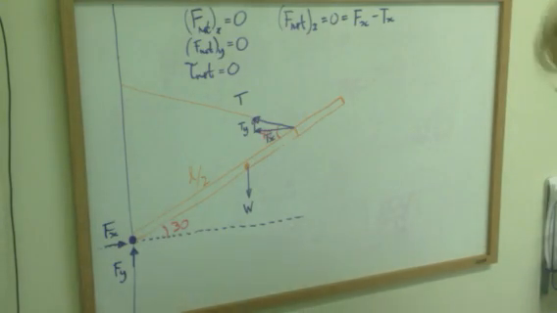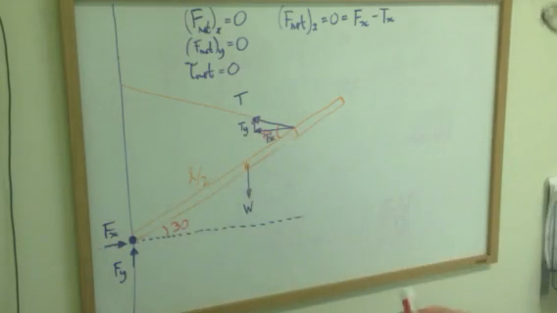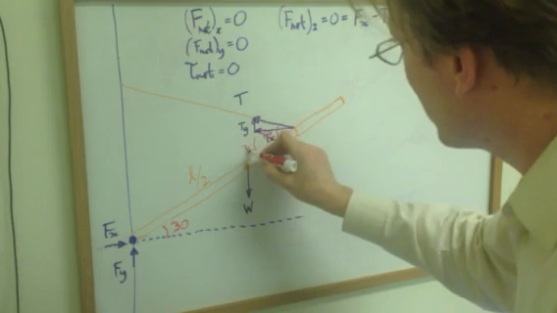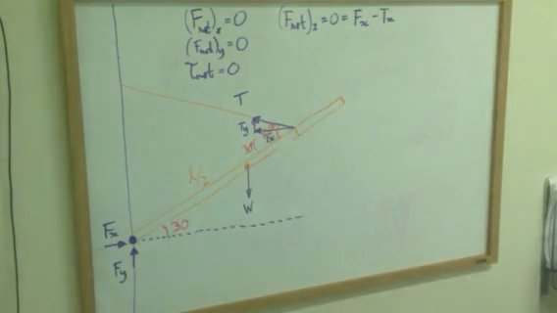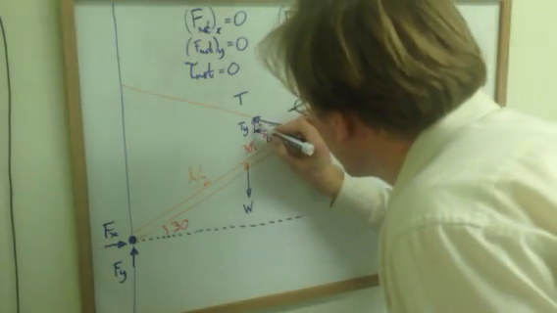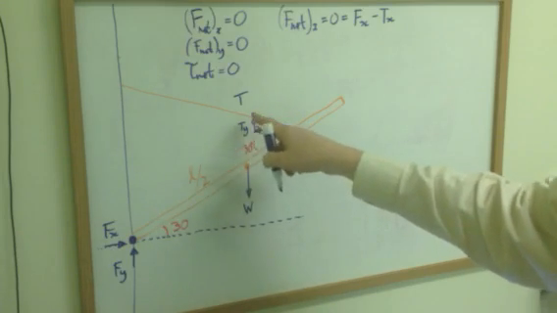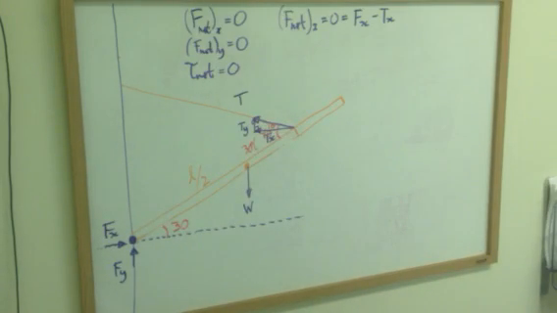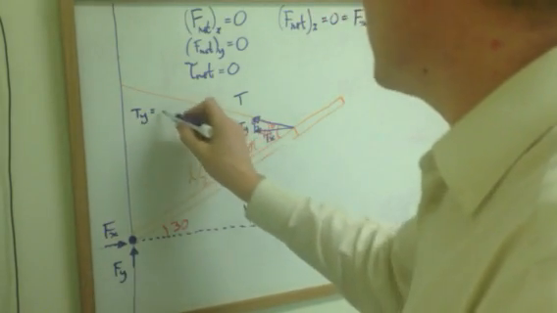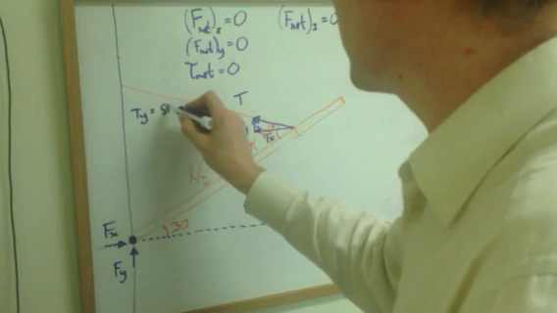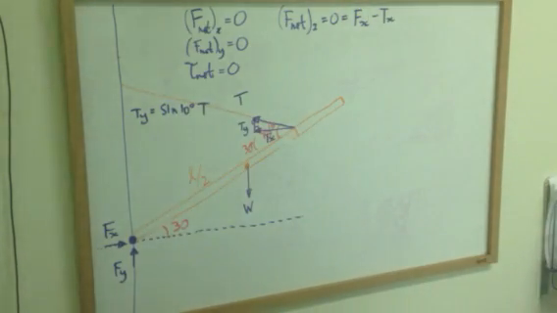Now it's starting to get messy, but if that's 30 degrees and these are opposite interior angles, I know that is 30 degrees. So I actually know the angle inside here is 10 degrees. So if that's my hypotenuse and my components are the opposite and adjacent sides of 10 degrees, I'll make a little note here. I do know that Ty is the opposite side, so that's sine of 10 degrees times T, whatever T is. I don't know what it is right now.